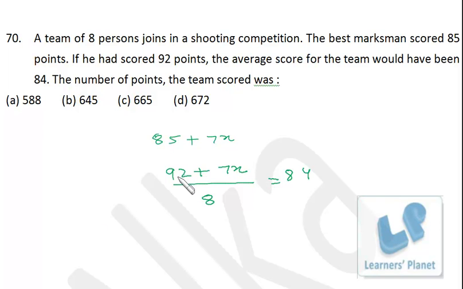And this new average is actually 84, right? This is the new score of the best marksman. This is the total of the remaining persons. I am assuming x is the average score of the remaining persons. So since there are 7 remaining persons, their total must be 7x, right? So 92 plus 7x is equal to 8 into 84.